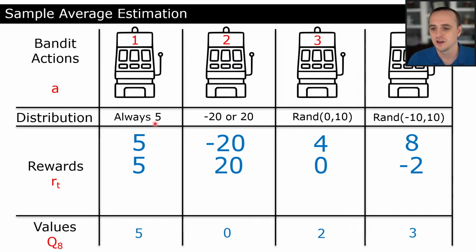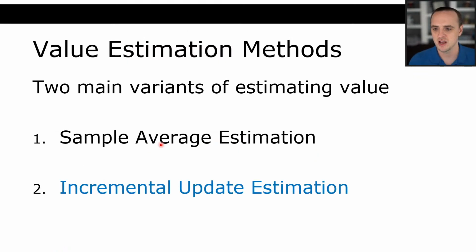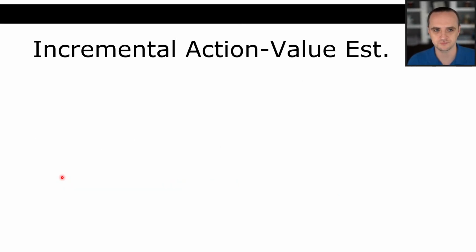Well, we don't want to have to store gigabytes and gigabytes of data of every reward that we've ever gotten, right? So how could we, instead of keeping a list of all the rewards and summing that up every time and dividing that by the average, how could I get a formula that could take maybe the previous answer and the new answer and come up with a new update?